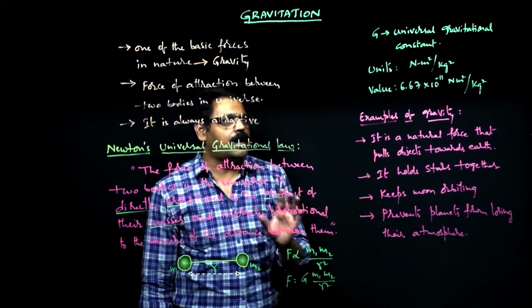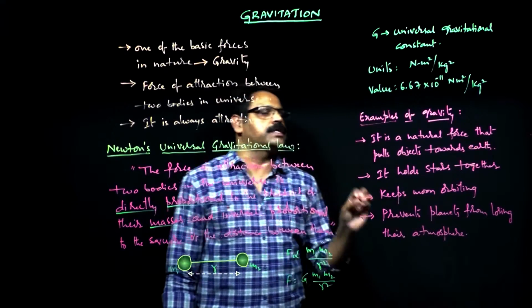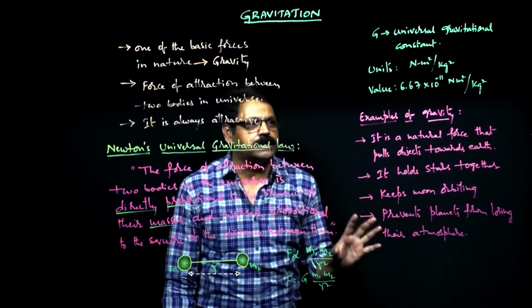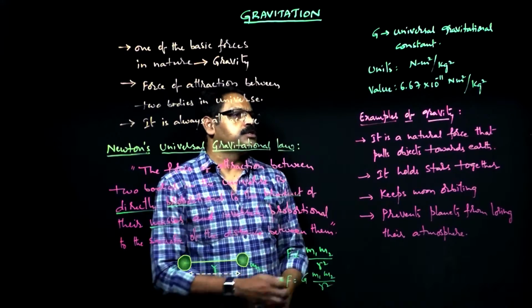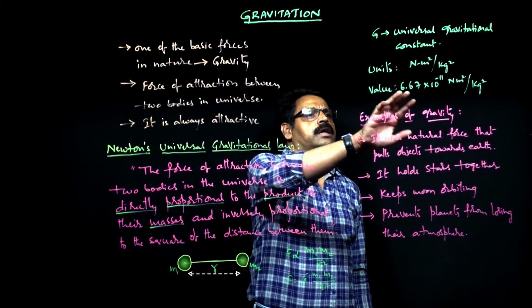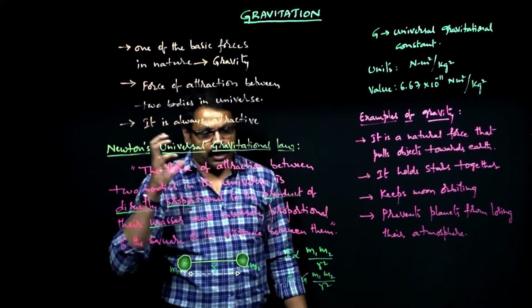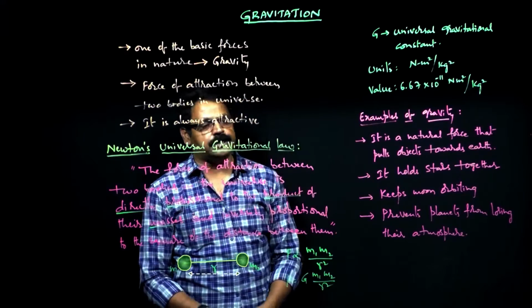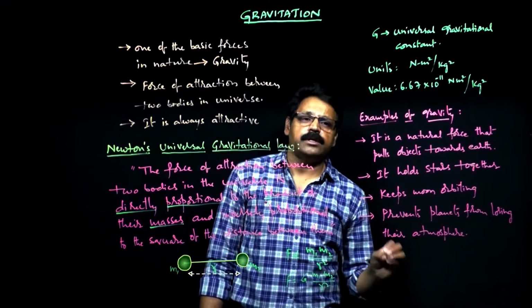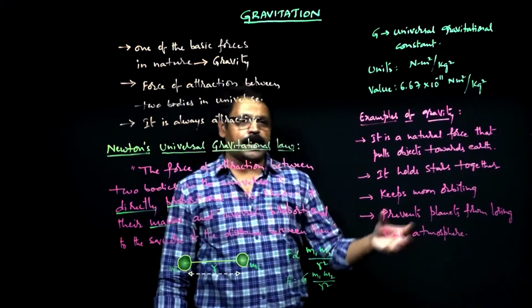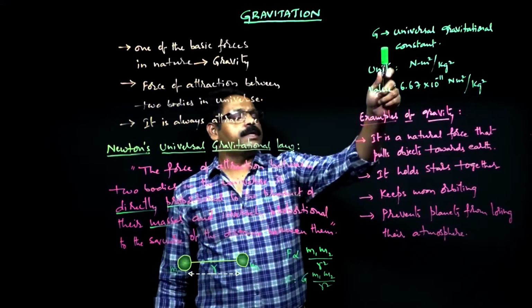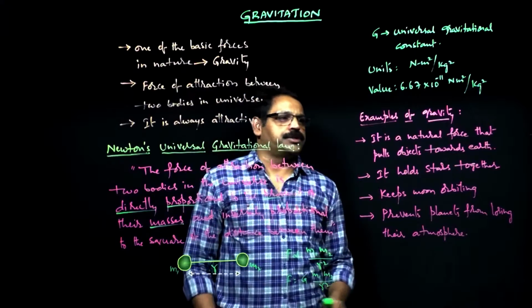Capital G value does not change with respect to a planet or a body. It's a universal value. So whenever you take it in a calculation, you can take this as the value for capital G. Whereas small g value is going to vary from planet to planet depending upon its nature. But capital G value is not going to change.